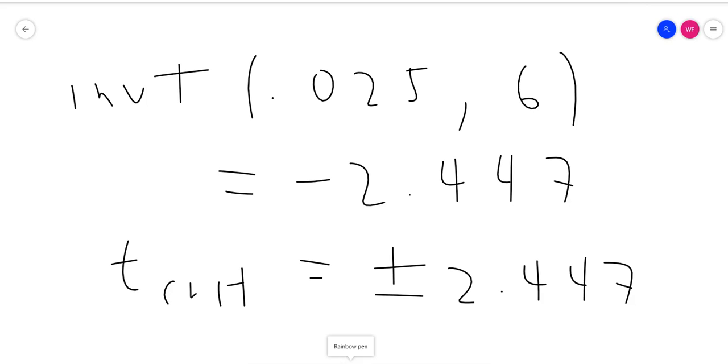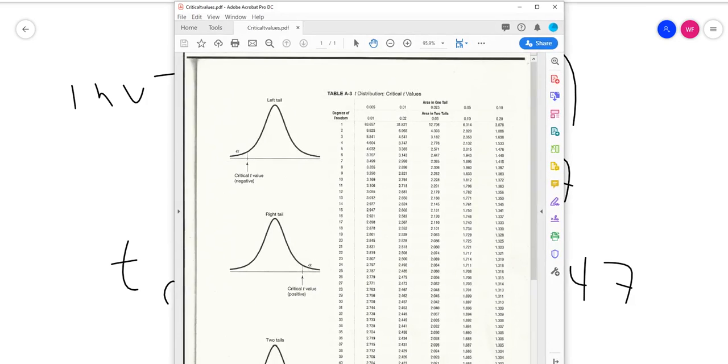Now, I just want to make one more comment about this. On some of the older calculators, they don't have inv_t. In this case, you can use the critical t-value chart, which is in the book, and I'll put a printout of it in the module for this week. If I go to the critical t-value chart, which I happen to have here, it's the area in 2 tails.